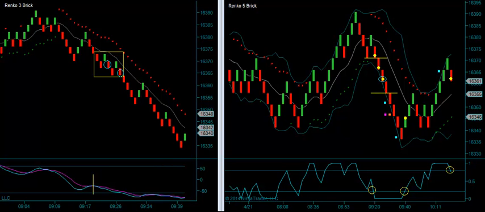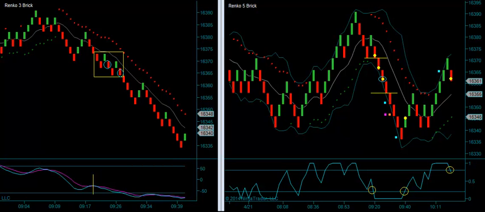Now, the yellow dot buy is a reverse of all of the sells, so that's also the exit for all the sells that are open. The yellow dot on the red brick is a reverse out of the buy.